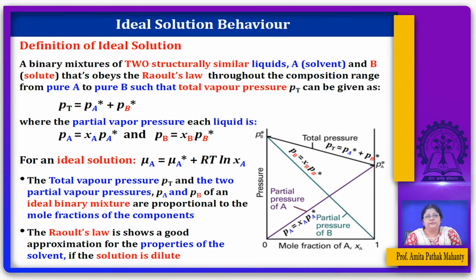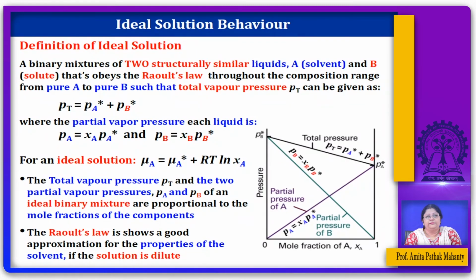And if you see, this Raoult's law is more or less valid for the excess liquid. Whichever liquid is in excess, for that, Raoult's law more or less is a good approximation. For the solvent. Okay, if the solution is dilute.